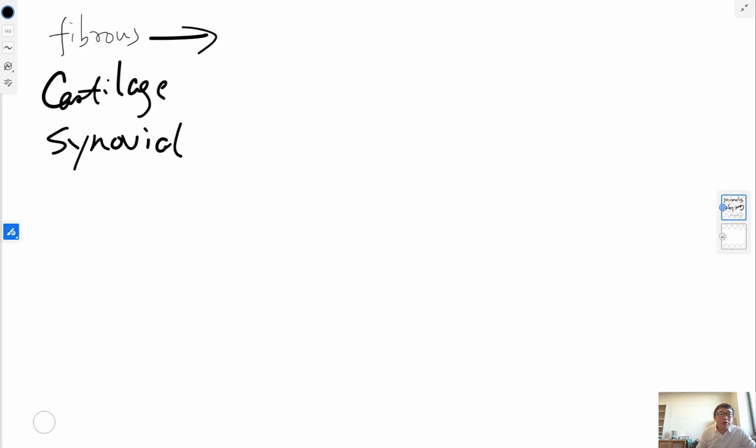Let's first talk about the fibrous joint. Fibrous joints have no movement or little movement, and also relatively simple structures.